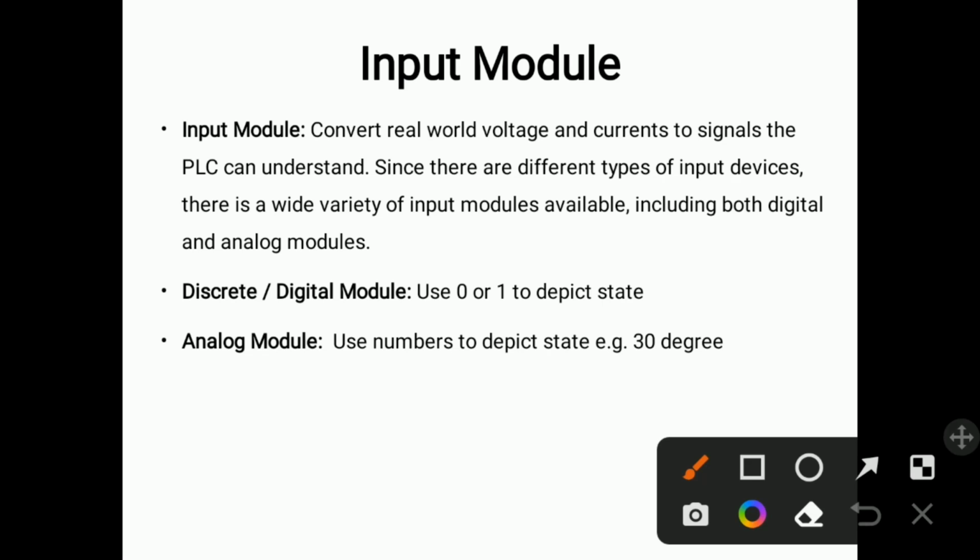Since there are different types of input devices, there is wide variety of input modules available, including both digital and analog modules. So there is both type of modules are available, digital and analog modules, and digital can depict the state 0 and 1 only. Okay, and analog module uses numbers to depict state, for example 30 degree, 40 degree, 50 degree. This can be detected and converted into proper signal.